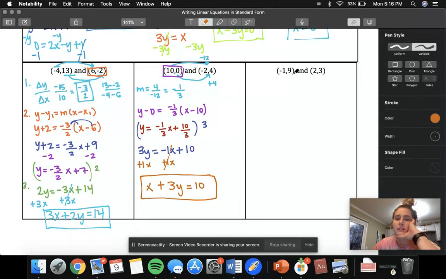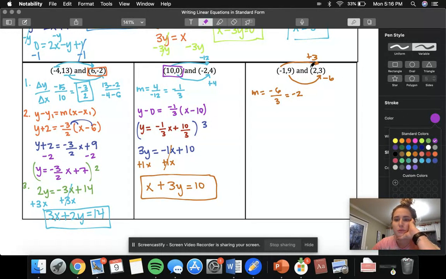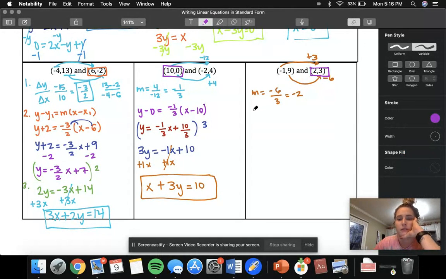Okay, for this last problem, the change in the y's is down 6. The change in the x's is up 3. So the slope is down 6 over 3, or negative 2. I'm going to use these points because they're easier for me. So y minus y1 equals m times x minus x1. Okay.